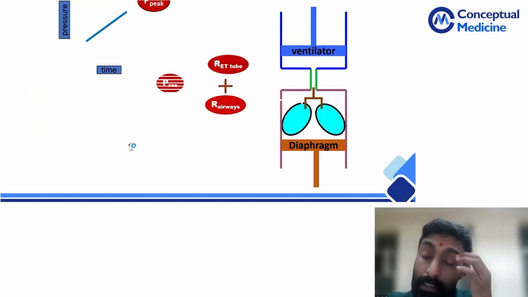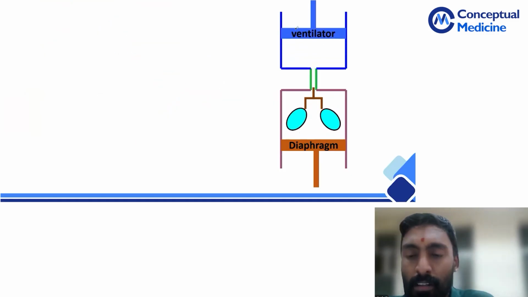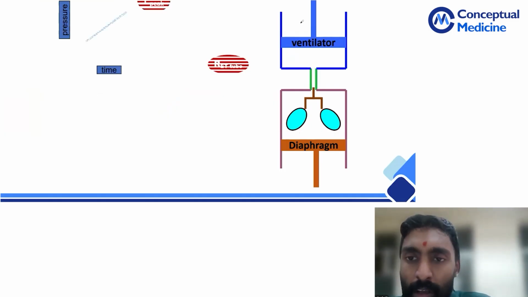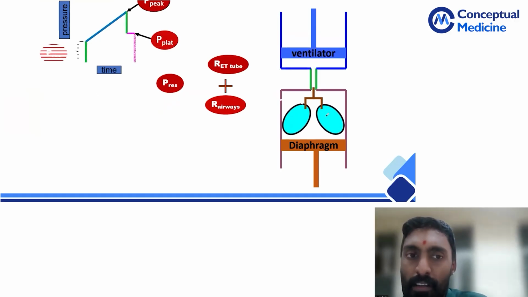If I take the ventilator, the ventilator is going to apply a pressure. Let us say I have set it in volume control ventilation. So I will give a set amount of tidal volume. Once I am giving this tidal volume, what is going to happen? The pressure is gradually going to increase as the lung is distended.